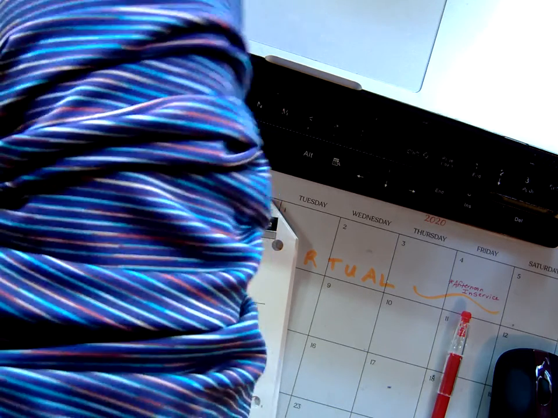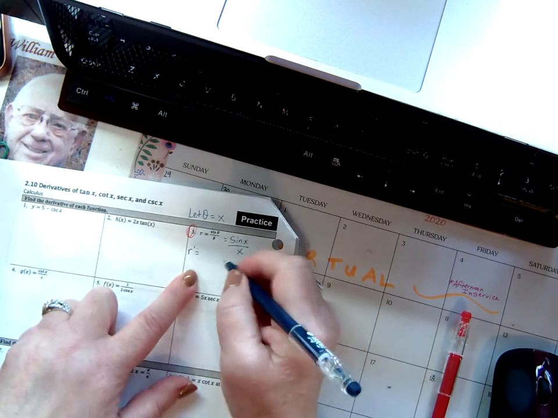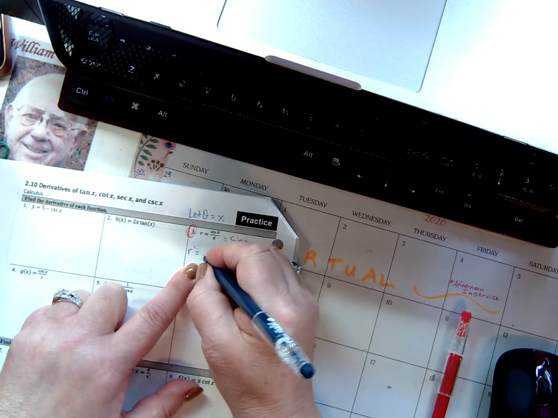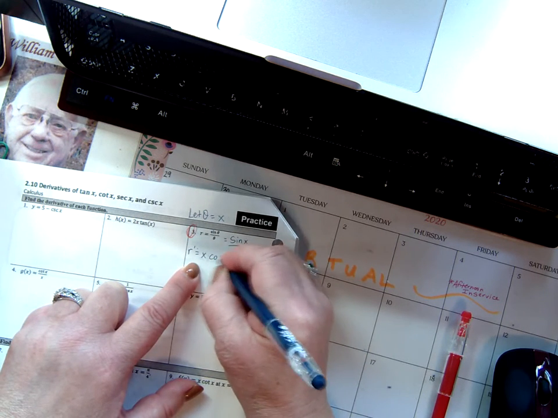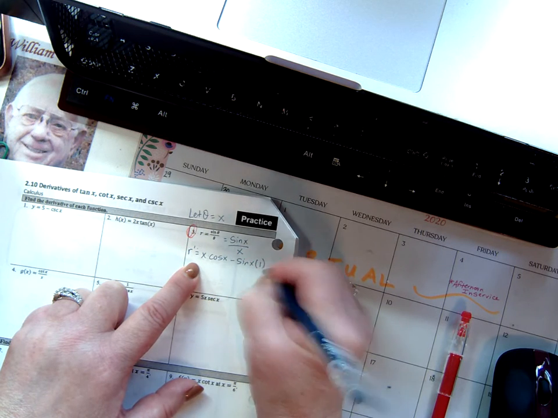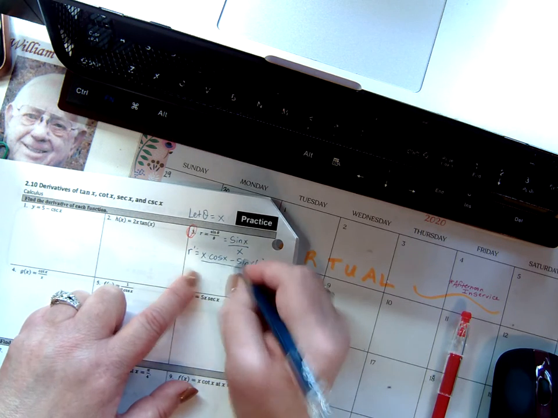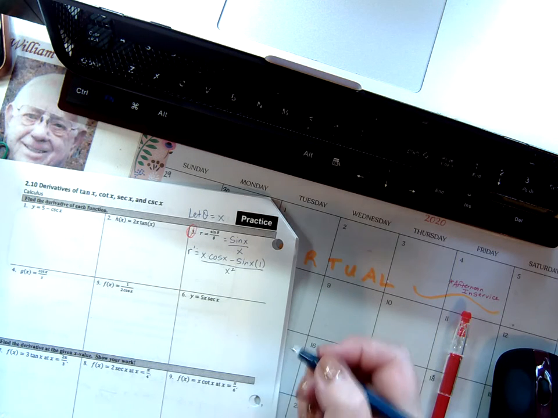All right. So, if I look at the quotient rule, here I go. x, the bottom, times the derivative of the top, cosine of x, minus sine of x times 1, divided by x squared, the denominator squared. And then I just try to pretty it up a little bit.